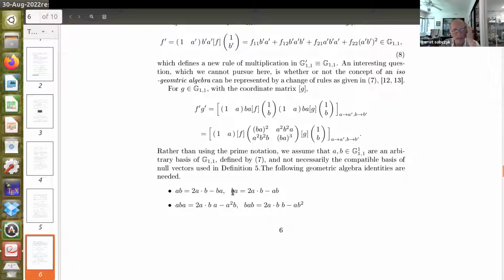And then ABA, well, that's easy enough to calculate because I just multiply AB on the right by A and I get this expression. Remember, A squared is a scalar, so I can pull that to the other side. So if I take AB and multiply it times A on the right, I get this expression, 2A dot B times A minus A squared B. And I multiply B on the right, and I do the same thing. I can say BAB is equal to 2A dot B times B minus AB squared.